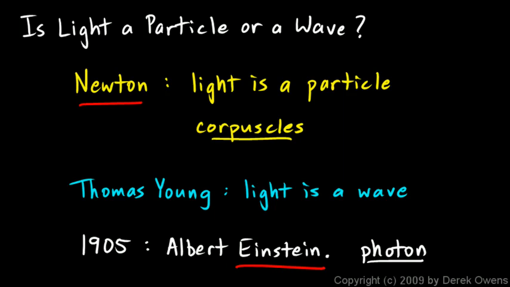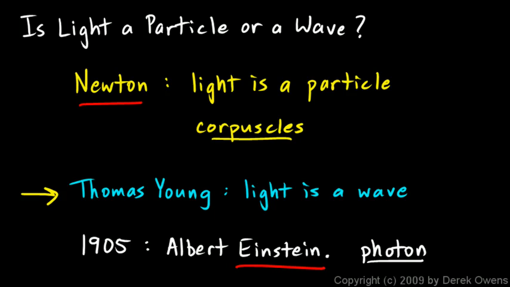Is light a particle or a wave? Well, today scientists recognize that light simultaneously has two different natures. It behaves as a particle and it behaves as a wave. And in some experiments, the wave nature of light shows up. The experiments that Thomas Young did are valid.